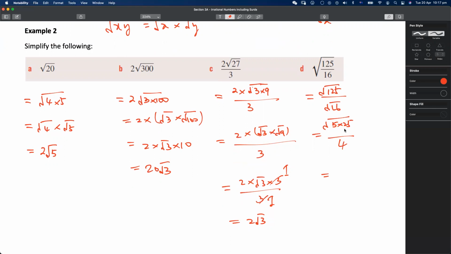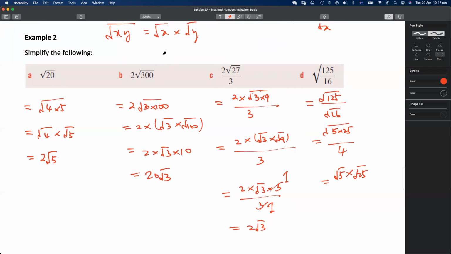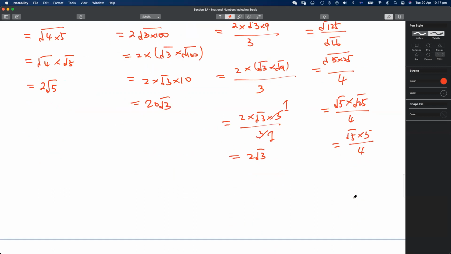All right, I just need to focus on my numerator now, the top number. So square root of 5 times 25, that's square root of 5 times square root of 25. I apply this rule again, and over 4. So that's root 5 times 5 over 4. Okay.